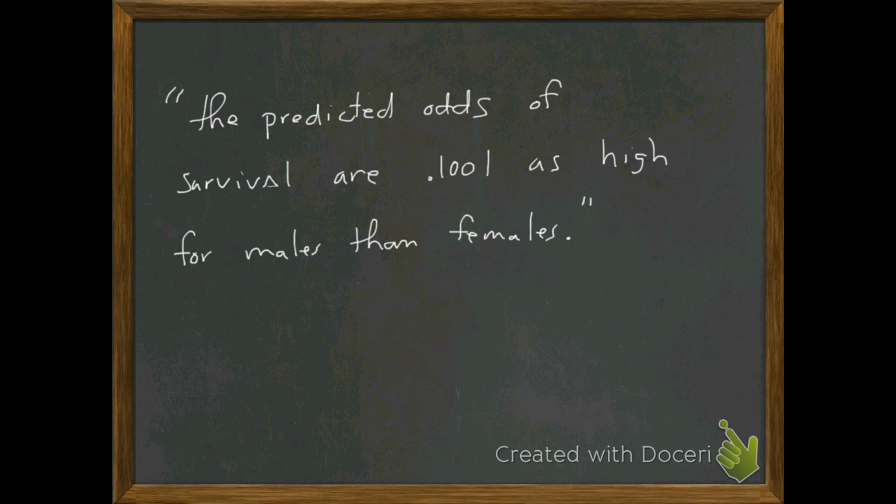Guys, still, when I have odds that are less than 1, it's hard for me to really get a handle on this. So, equivalently, instead of 0.10, we could take the inverse of that, and we could easily talk about the predicted odds of non-survival for males relative to females.